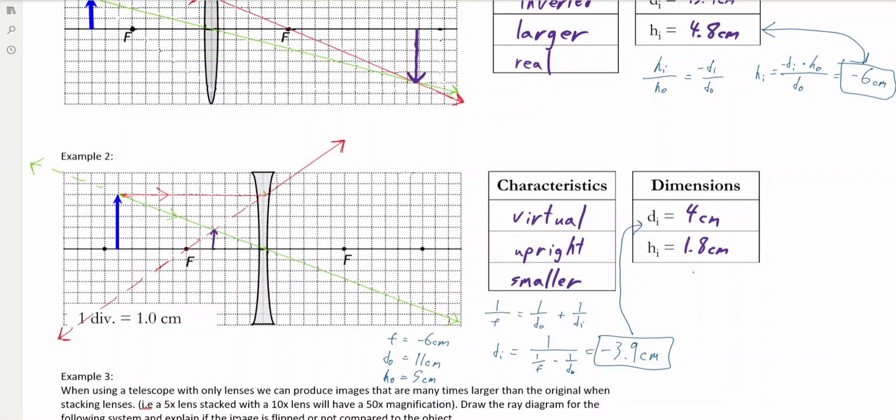So just a reminder about how we did that before, but it comes from this formula about magnification. Okay, and then we just solve it for HI, which gives us negative DI times HO over DO.